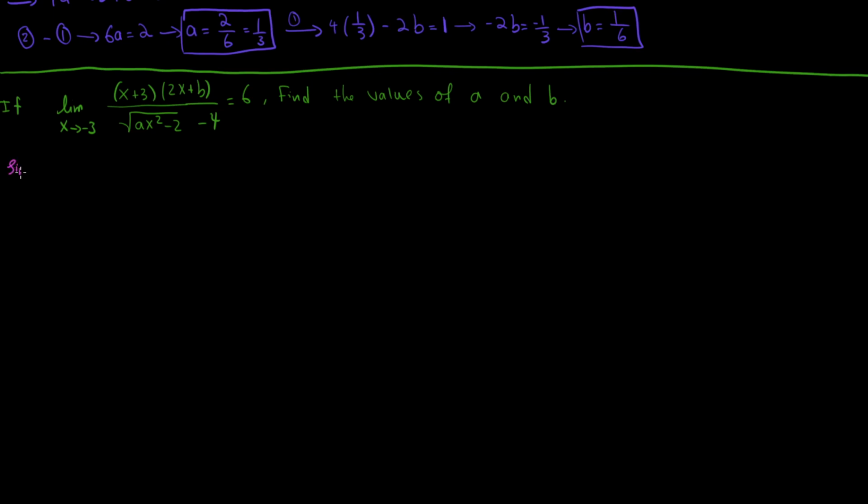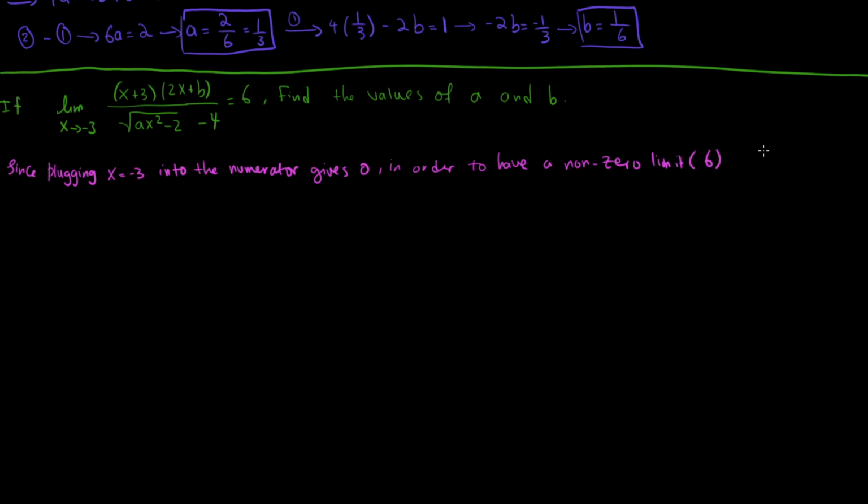So since plugging in x equal to negative 3 into the numerator gives 0, in order to have a non-zero limit, as we do here, we have a non-zero limit, 6, the denominator needs to be 0 as well.